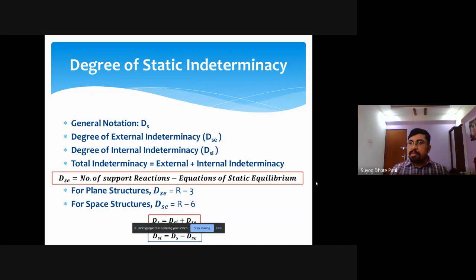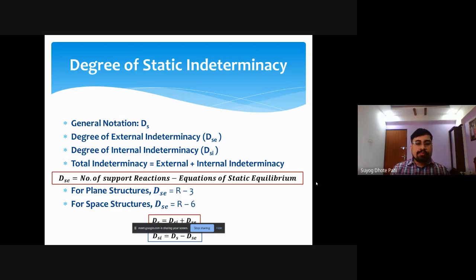So external indeterminacy is nothing but the external relation, totally dependent on known and unknown forces, whereas internal indeterminacy is totally dependent on the number of members, in what regard one member is dependent on or in relation with another. So the summation of these two factors will be the total indeterminacy for that structure.